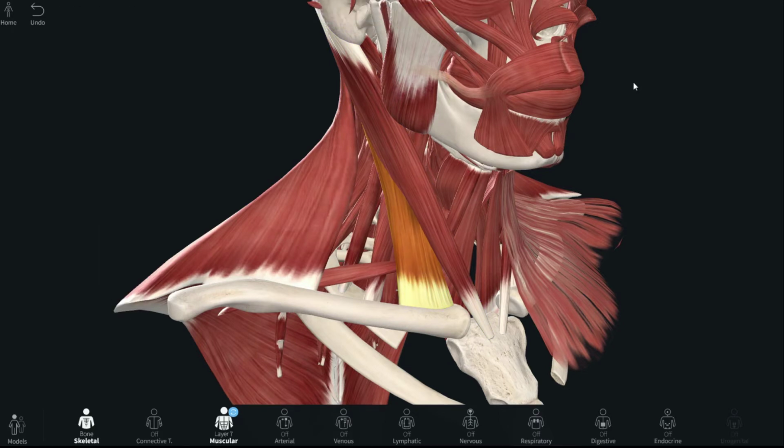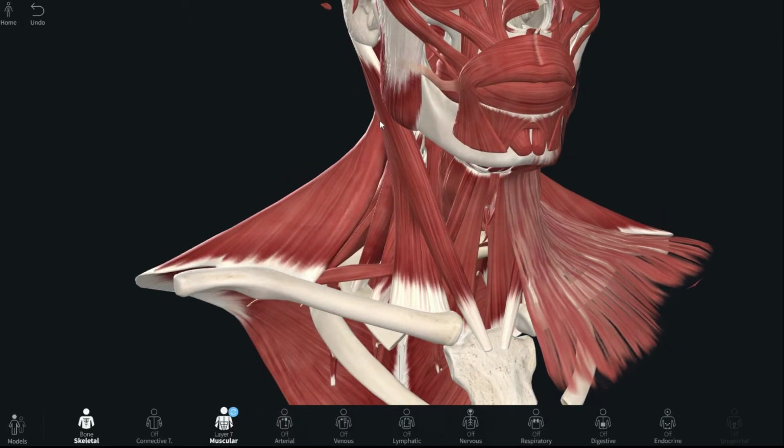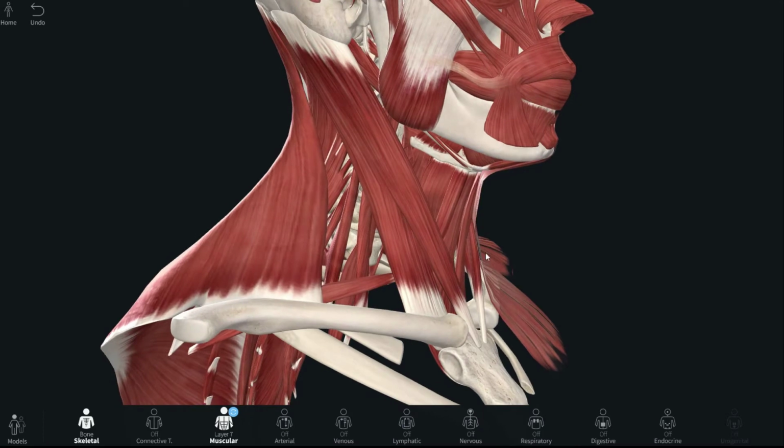As I have already mentioned in this video initially, this sternocleidomastoid muscle is the key muscle of the neck, and very rightly so, because as you can see, sternocleidomastoid is the muscle which is demarcating the anterior triangle and posterior triangle.